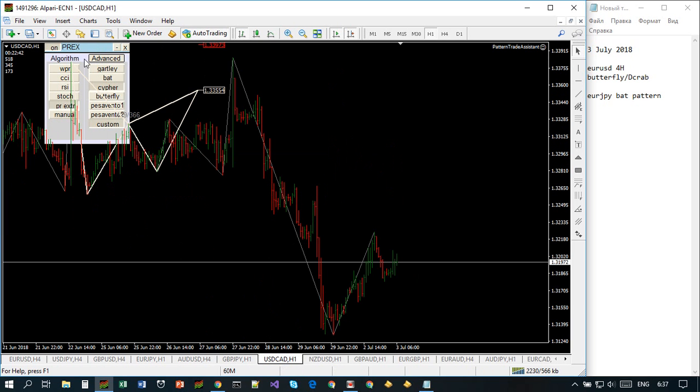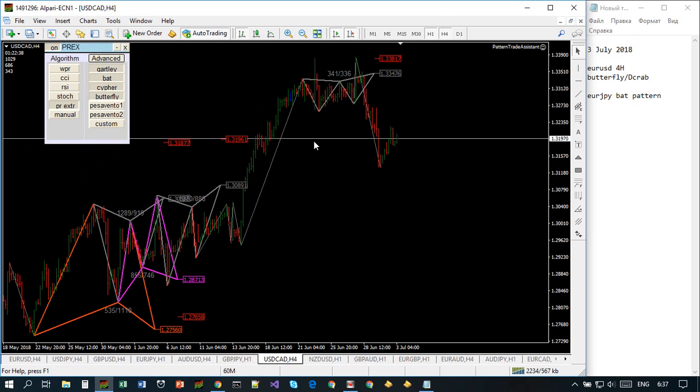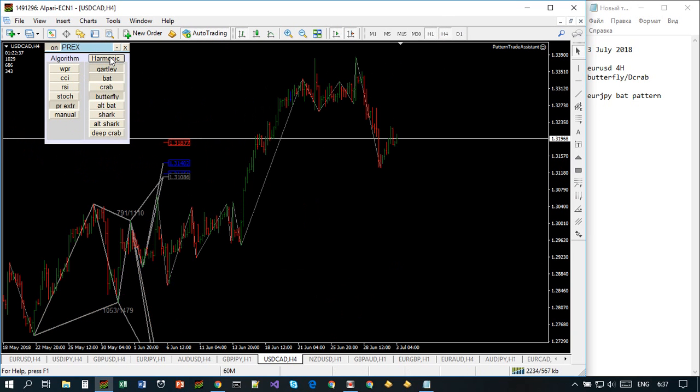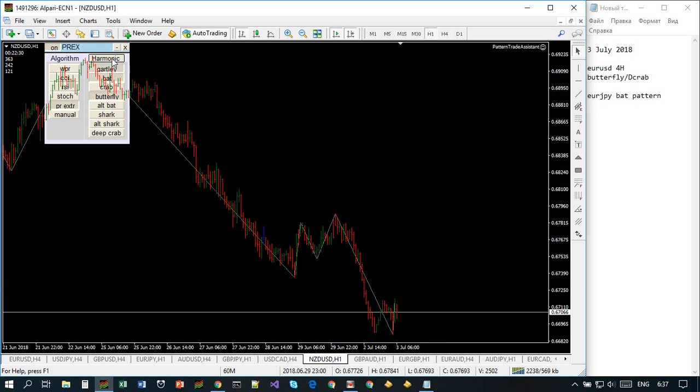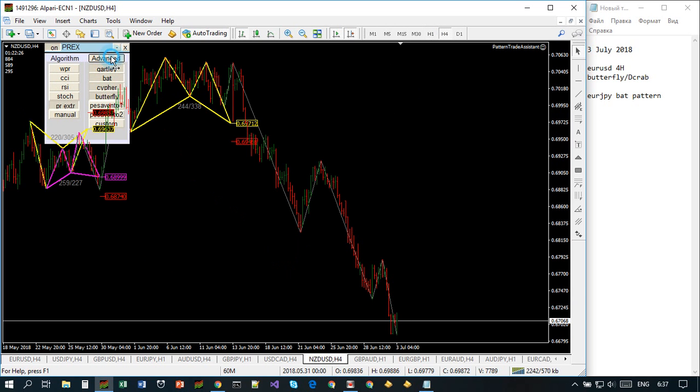Dollar Canadian, nothing here, and switch it. Nothing here, nothing here. Go to New Zealand, nothing and nothing, switch, nothing and nothing.